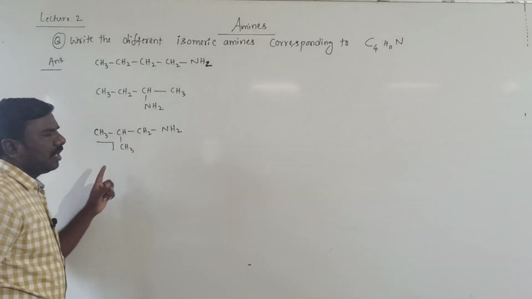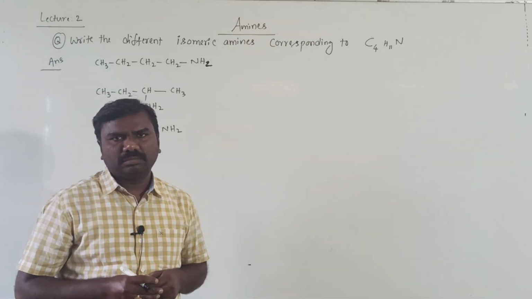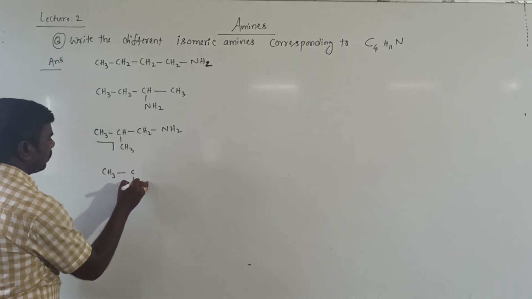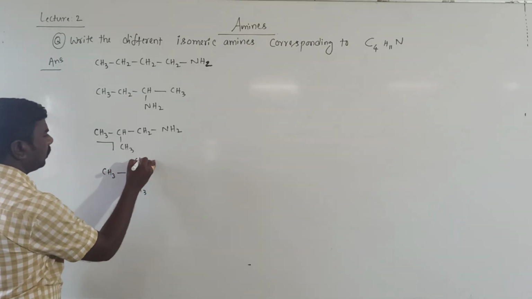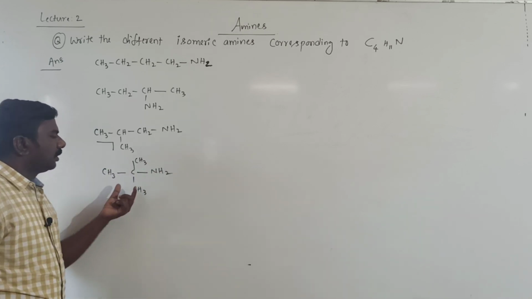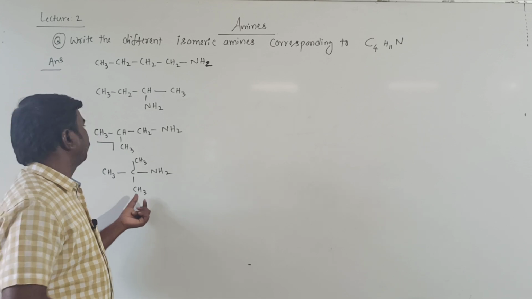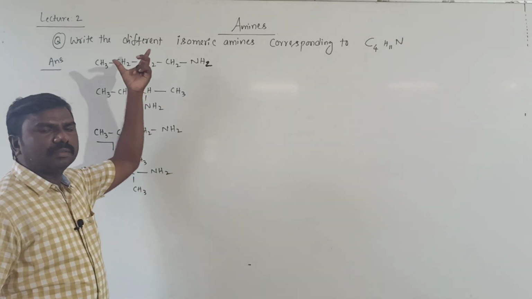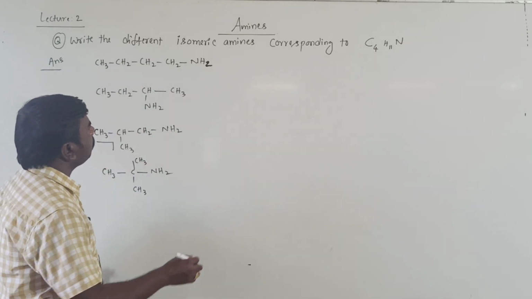It is isobutyl amine. Next, after this, CH3C(CH3)(CH3)NH2 it is. So, it is tertiary butyl amine, isobutyl amine, secondary butyl amine, like that, right.